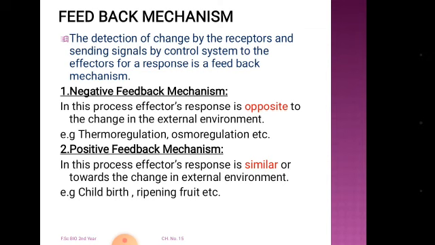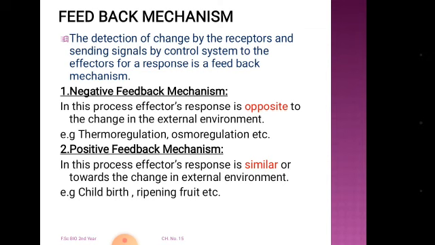In a hot season, when the temperature is exceeding, our body will maintain the temperature, so a message will be sent to a sweat gland where they release secretion, and with the passage of time the temperature will drop. In this case, there is a negative feedback mechanism to maintain homeostasis.